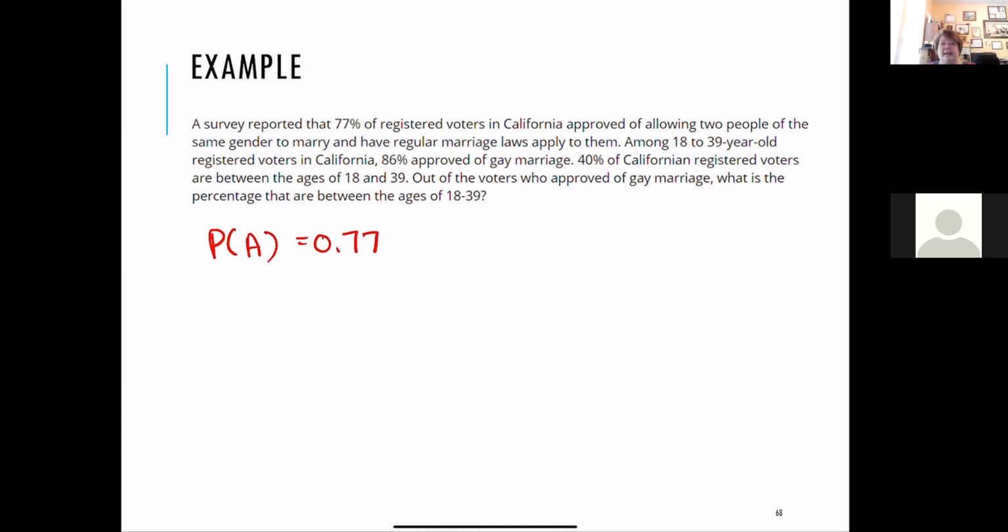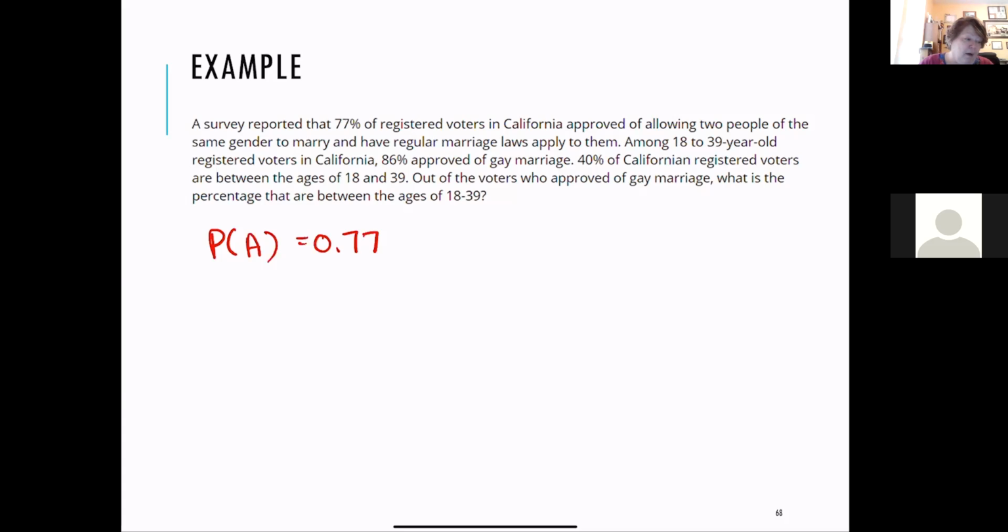Okay, let's read the second sentence. Among 18 to 39-year-old registered voters in California, 86% approved of gay marriage. Now you've got a conditional because their approval depends on what age they are. Now I'm picking from the pool of just the 18 to 39-year-olds, and if I randomly pick one of those people, then 86% of the time I'll pick somebody who approves of this proposal.